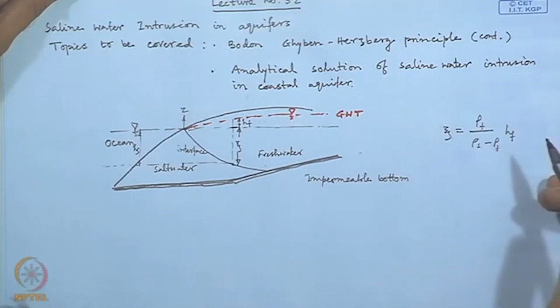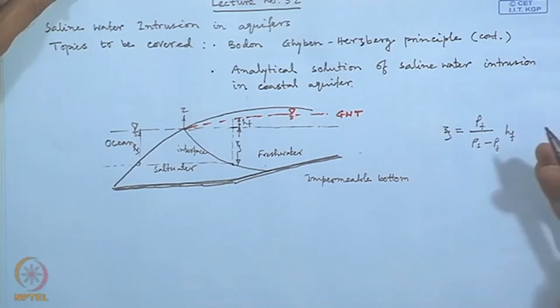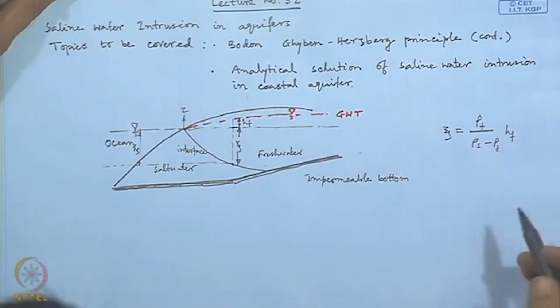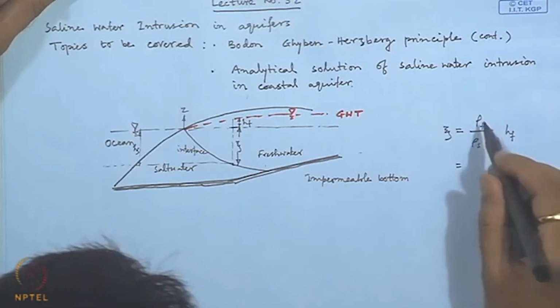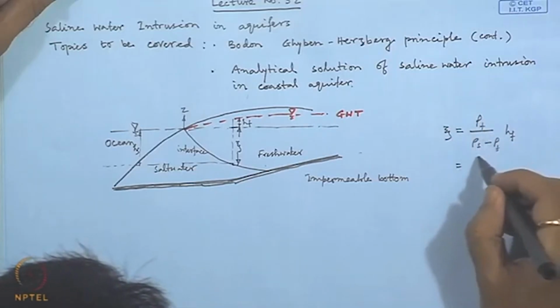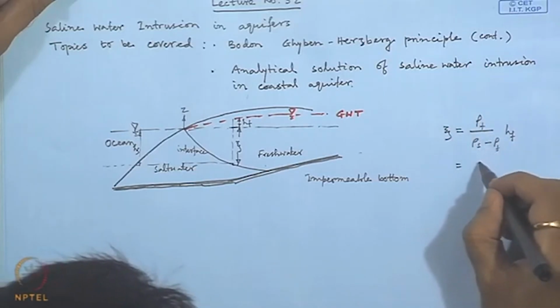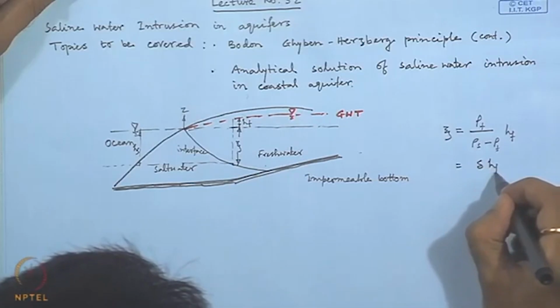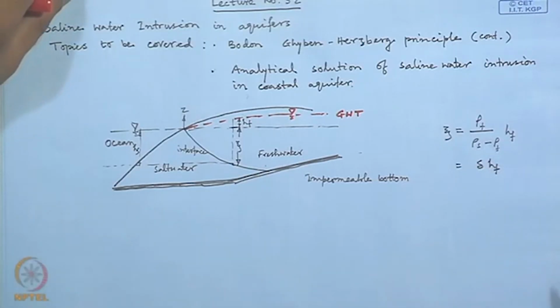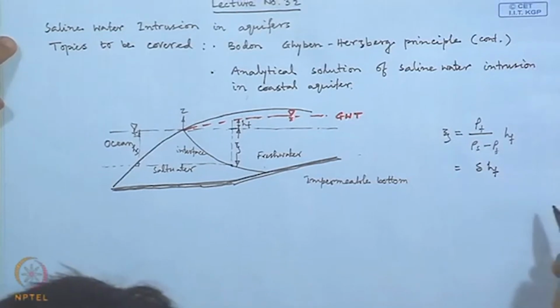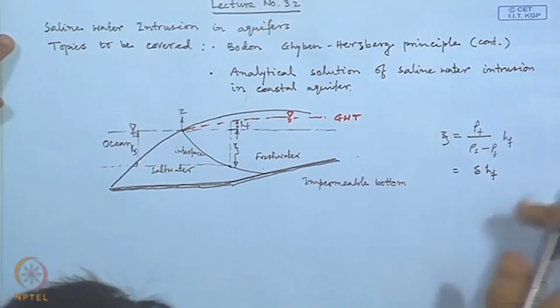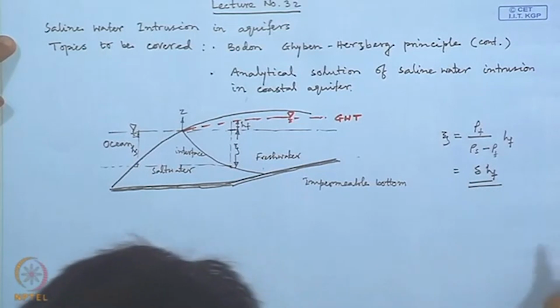That is, first one will be confined, then unconfined, and for oceanic islands. So, let us consider this ratio rho f by rho s minus rho f as delta. With this assumption we can continue our derivation.